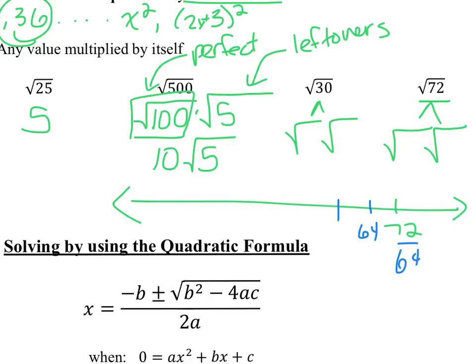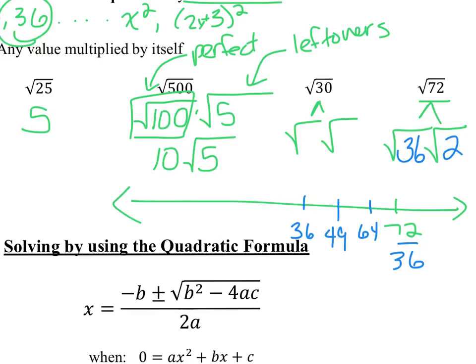That was 8 times 8, so 7 times 7 is 49. Does 49 go into 72? No, it does not. So then we try 36. Oh my goodness, 36 works. And it is 36 times 2.